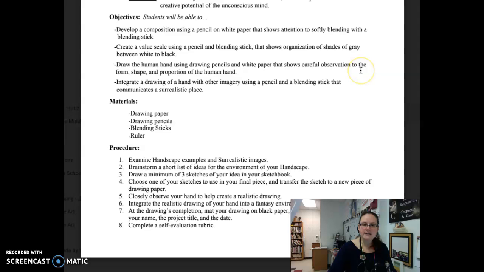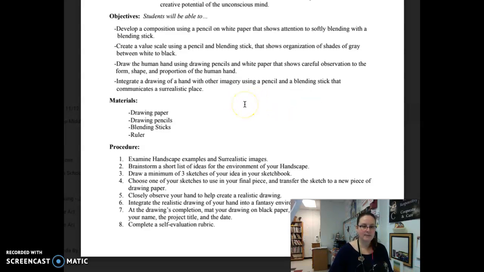You've been practicing drawing your hand, breaking it down into shapes, looking at the proportions, starting to create form with shading. And then the next part is to pick a hand that you have created that you like, your sketches, and then put it together in a surrealistic environment, okay?